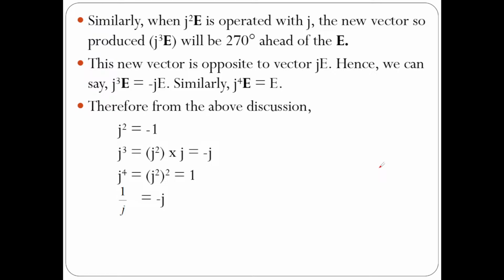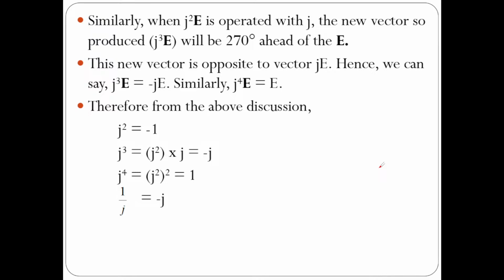Now if I have J cube, I can rewrite it as J square into J. What is J square? Minus 1. So replace J square by minus 1, and you will get minus 1 into J, that is minus J. If I have J to the power of 4, I can rewrite it as J square whole square. J square is minus 1, so minus 1 square you will get 1.